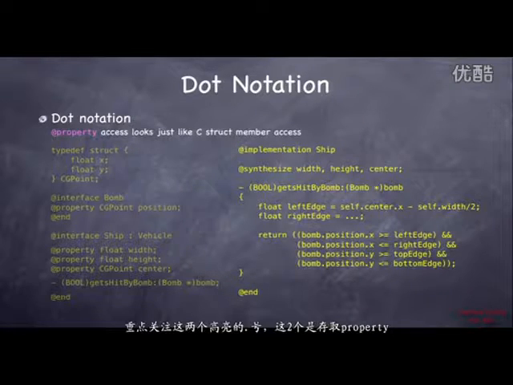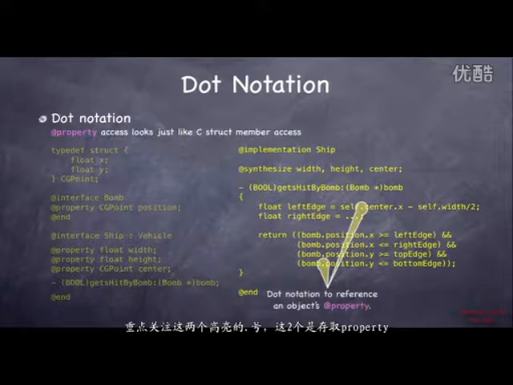Okay? So the key thing to notice here is, look at that dot notation. Those two dot notations that are highlighted, that's accessing properties. You see that? self.center, that is the ship accessing its own center property. And then down at the bottom, bomb.position, that is accessing the position property of the Bomb star argument to this method. Everyone got that?